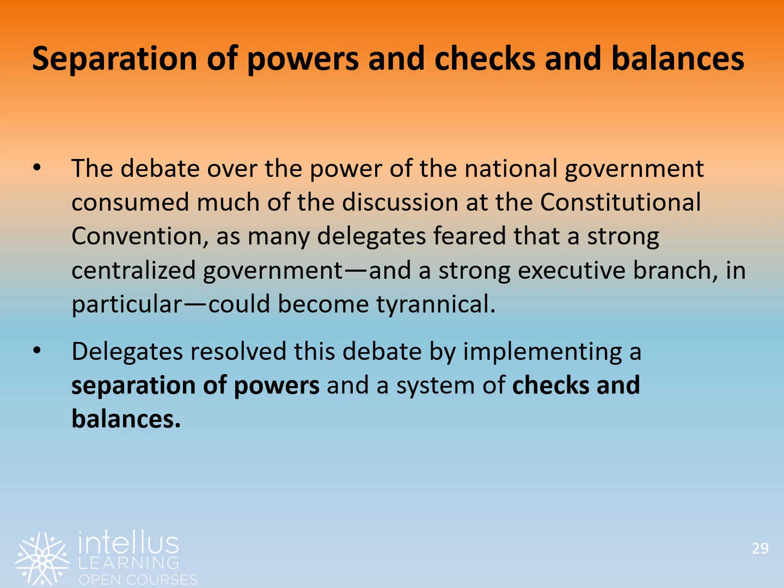So they were afraid of the monarchy that they had left back in Britain. Delegates resolved this debate by implementing a separation of powers and a system of checks and balances. So they were very careful to make sure that our country never got back to a tyrannical monarchy like they saw in Britain.